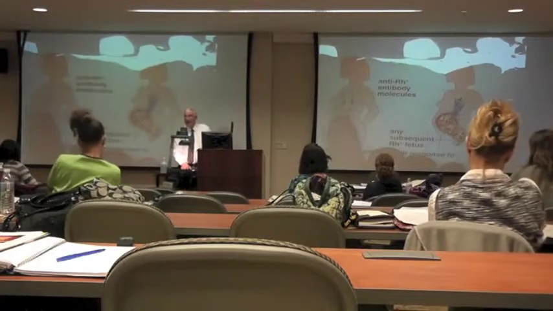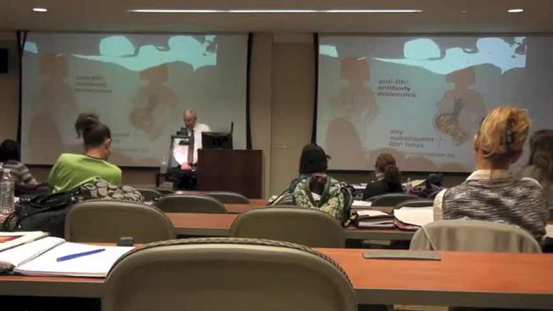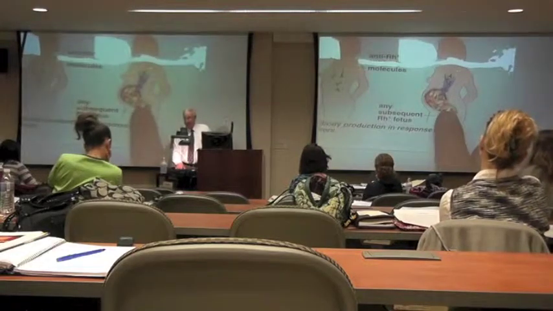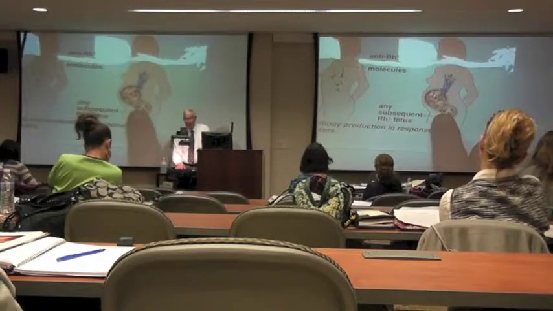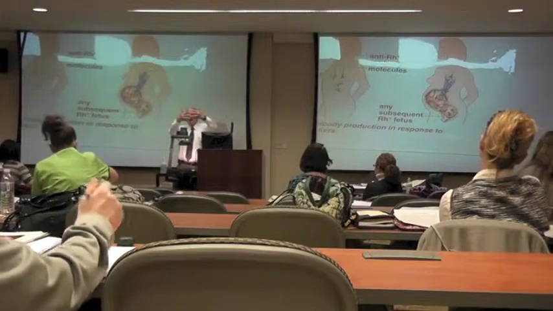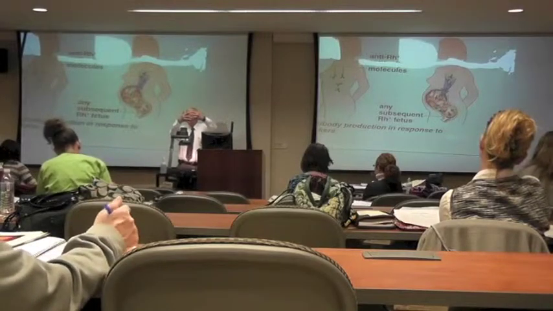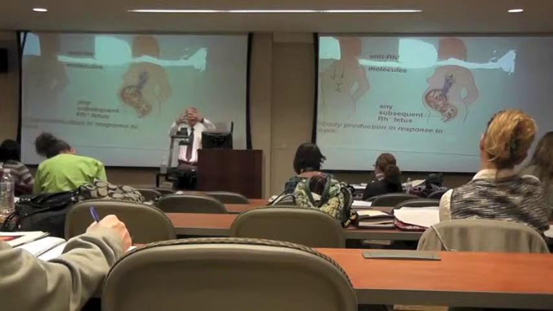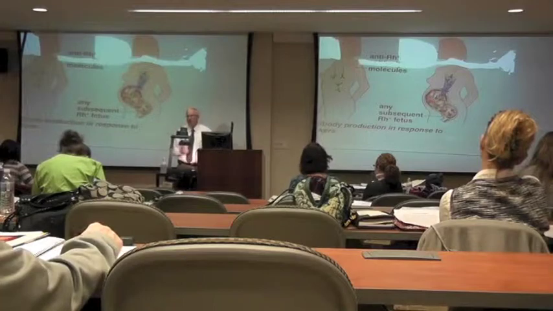They will stay in her body, and then when she gets pregnant again and the fetus is positive, there's not a very tight junction here after the first pregnancy. So there's a possibility that some of these factors would get into the mother's body.